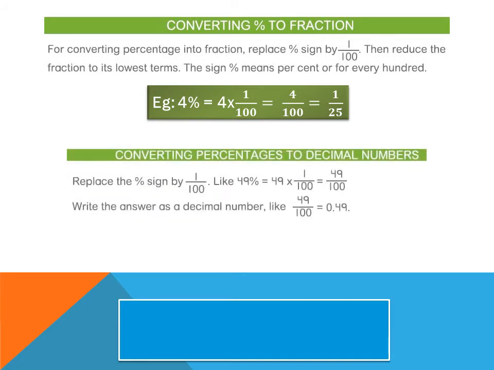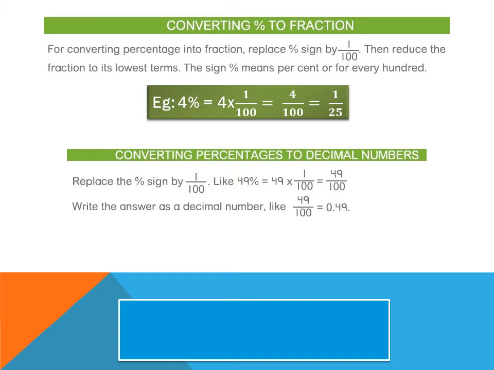Now converting percentages to decimal numbers. This is almost the same as the previous topic, that means converting percentage to fraction. All you have to do after you find the fraction in the lowest terms, you do the actual division and find out the decimal number. Replace the percentage sign by 1 by 100, like 49% is 49 into 1 by 100, which gives you 49 by 100.